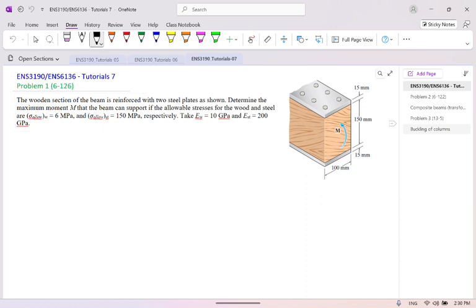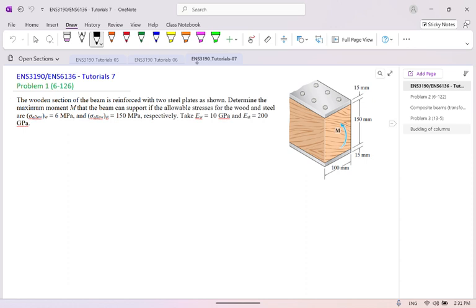Determine the maximum moment M that the beam can support if the allowable stresses for the wood and the steel are: sigma allowable for wood is 6 megapascals, sigma allowable for steel is 150 megapascals, respectively. Take the Young's modulus of wood as 10 gigapascals and steel as 200 gigapascals.